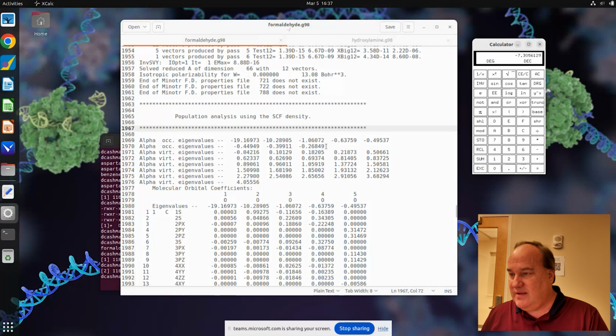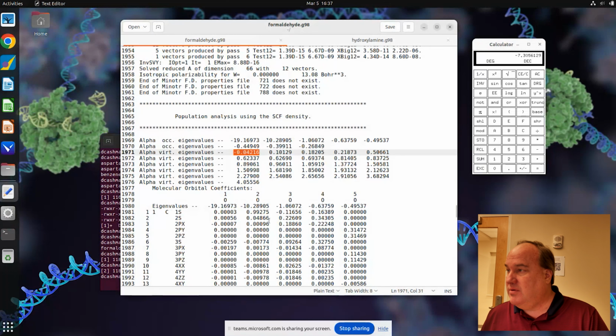So that's my highest occupied molecular orbital, and then my lowest, this is actually formaldehyde. So this is going to be attacked by the electron. So actually, in this case, I want the lowest unoccupied molecular orbital.